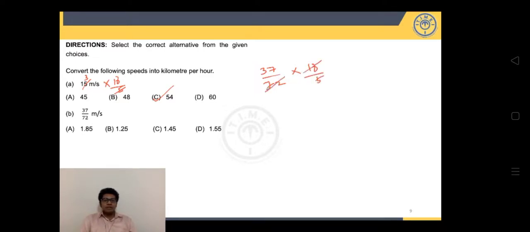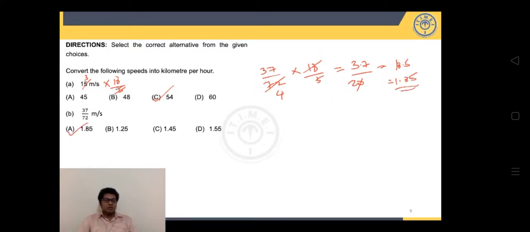Just cancel: 18 times 4 is 72, and 4 into 5 is 20. So our answer is 37 divided by 20 kilometers per hour, which is 3.7 divided by 2. So 3.7 by 2 will be 1.85. Hence our answer is 1.85 kilometers per hour.